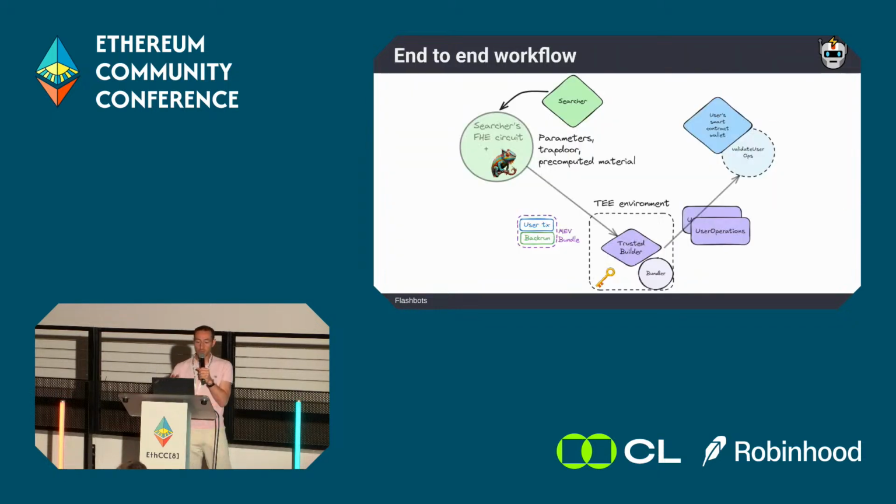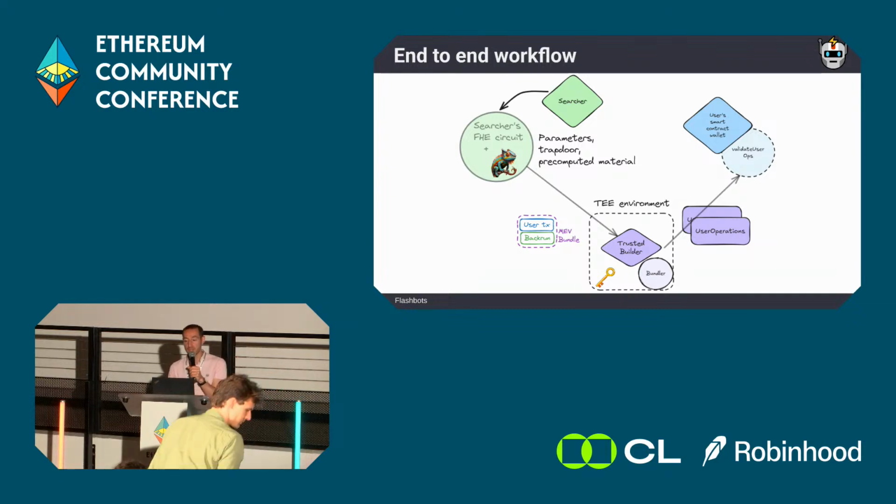And the way our builder comes into play, and I hinted before that the builder was a good fit to be a bundler, is that remember we still need to have plain text access to the user operation data structure. So once the searcher circuit has generated the hash using the Chameleon algorithm, it sends this bundle to our builder.